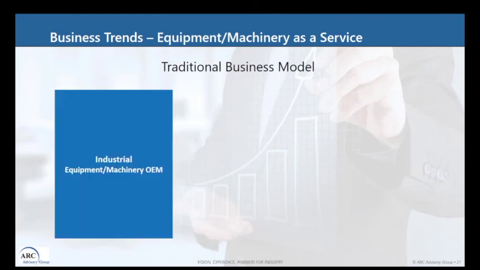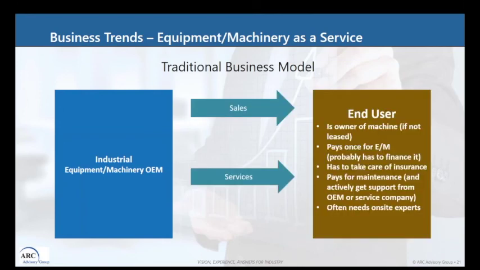So another very interesting, not completely new, business trend is equipment or machinery as a service. In a traditional business model, the OEM sold its machine to the end user, who was the owner of the machine, who had to take care of the payment, who had to take care of insurance, and when the machine failed, contacted the OEM or maybe a service company to fix the equipment, or had a service contract with the industrial OEM.